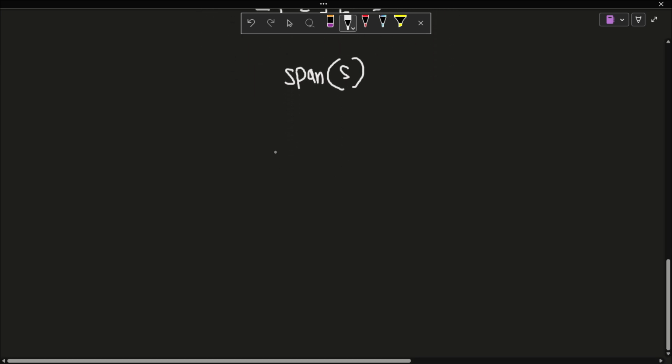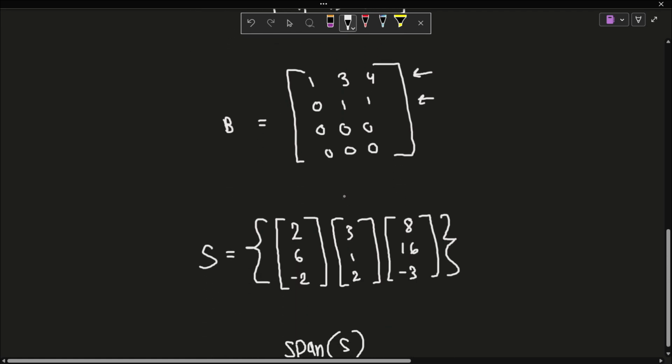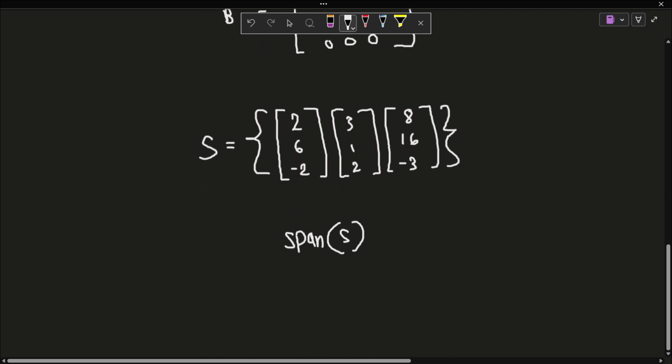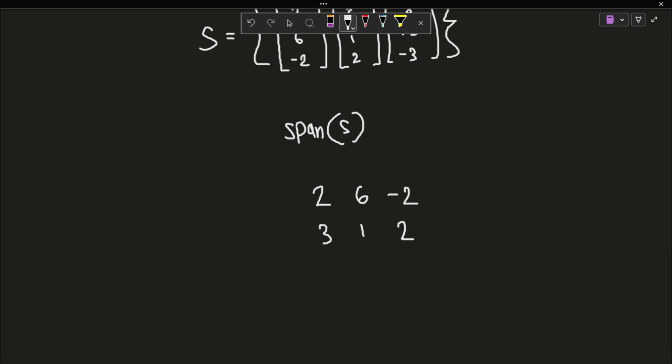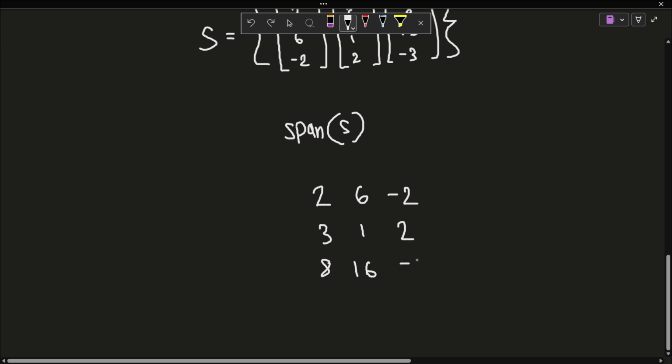So what if we just use what we know here and we create a matrix with each of these vectors being our rows. So if we create a matrix like 2, 6, minus 2, 3, 1, 2, and then 8, 16, minus 3, well, these are each our vectors, each row.